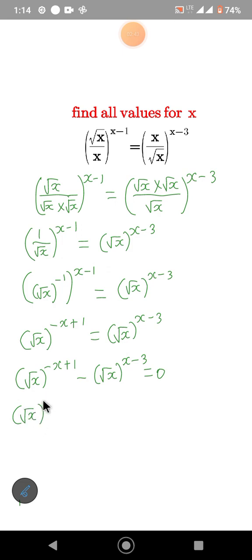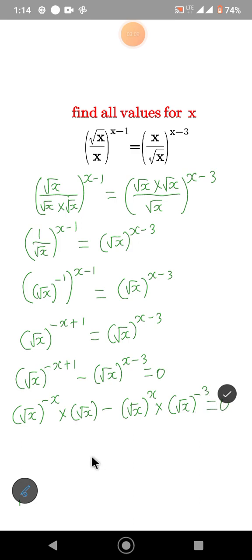Here will be root x raised to the power minus x multiplied by root x, minus root x raised to the power of x multiplied by root x raised to the power minus 3, equal to 0.